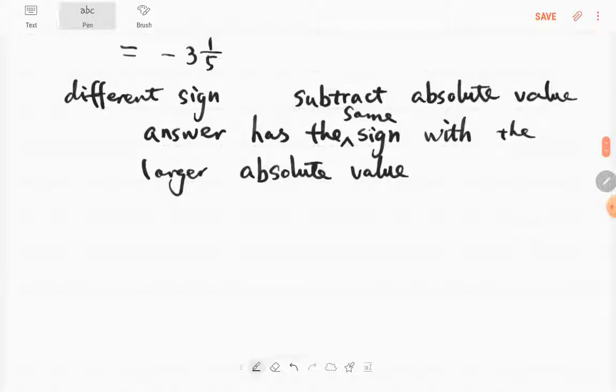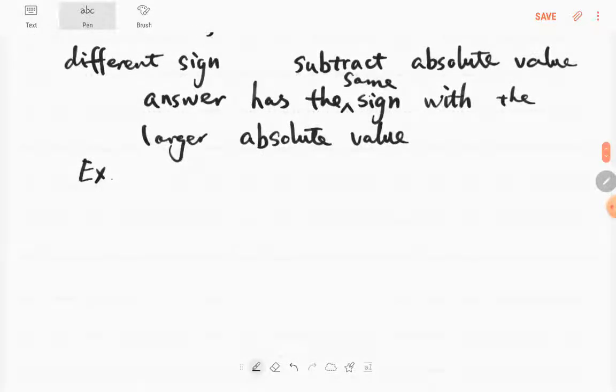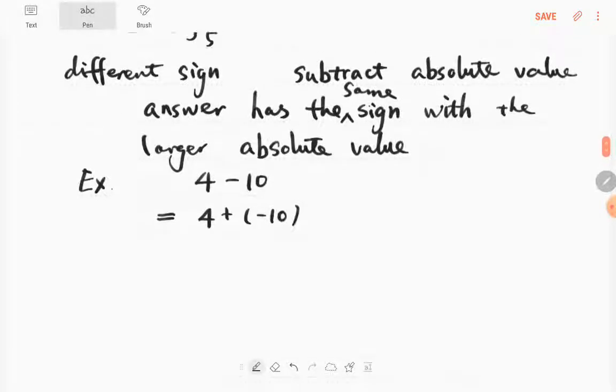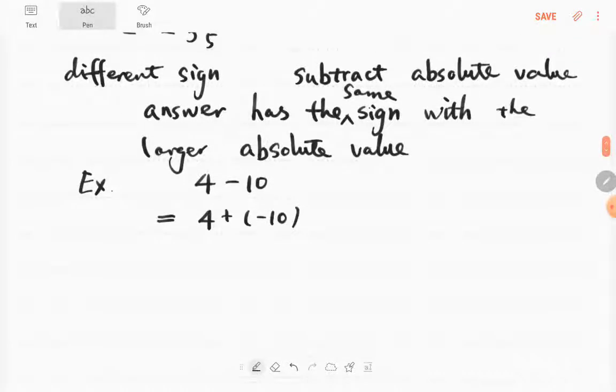Okay, we will use an example to help you understand what that means. This time we try 4 minus 10. First, we can transfer our subtraction into addition, right? 4 minus 10, we can treat it as 4 plus negative 10. Now we check these two numbers, 4 and negative 10.